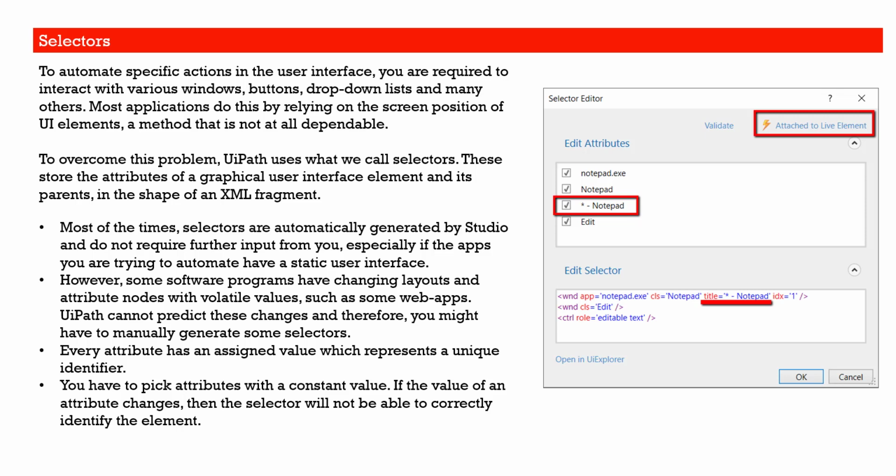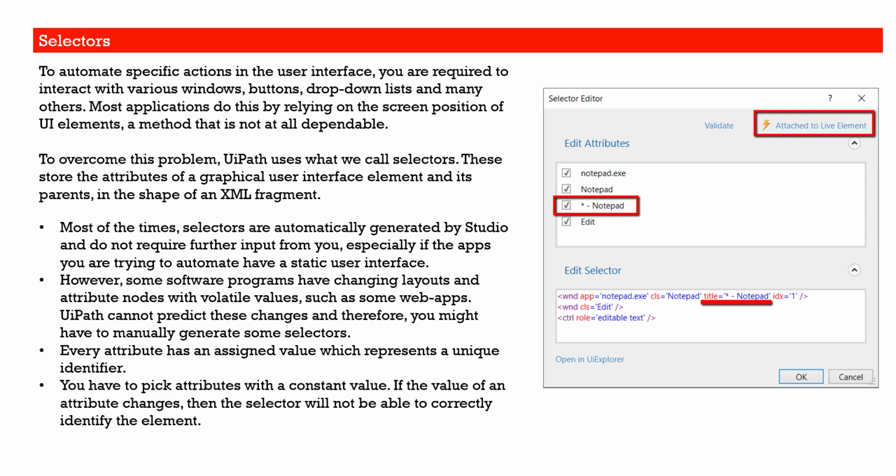If it represents a unique identifier, you should be able to use that element in your automation pretty easily. To make it simpler, you need to pick attributes with constant values. If the values of attributes keep changing, the selector cannot identify that element properly.